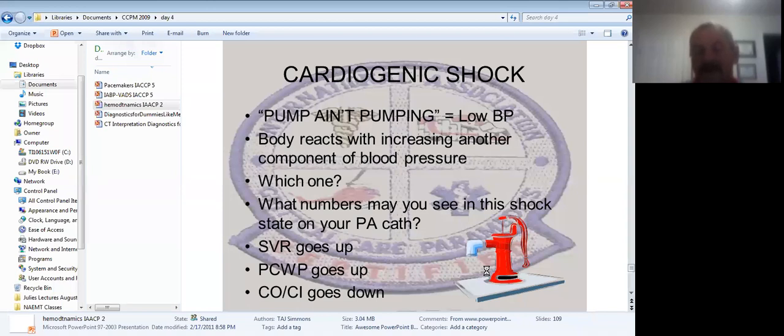The classic presentation on a Swan would be your systemic resistance goes up, your pulmonary capillary wedge pressure goes up, but your cardiac index goes down. So again, cardiac index goes down against systemic resistance and against volume. Consequently, the failure point there would in fact be the heart muscle.